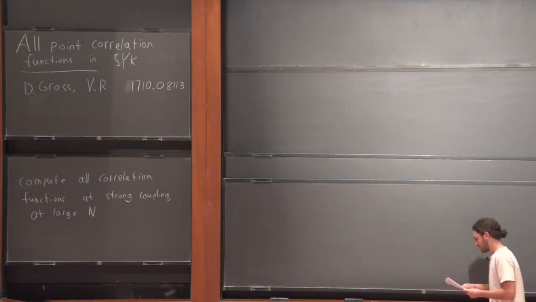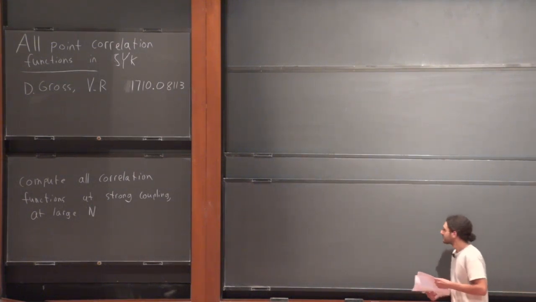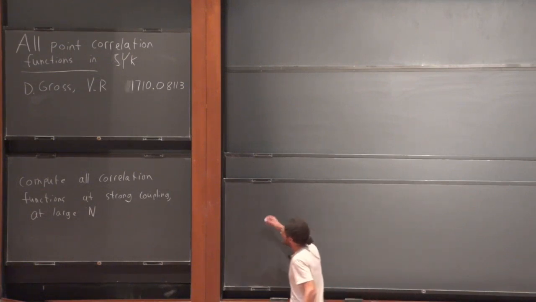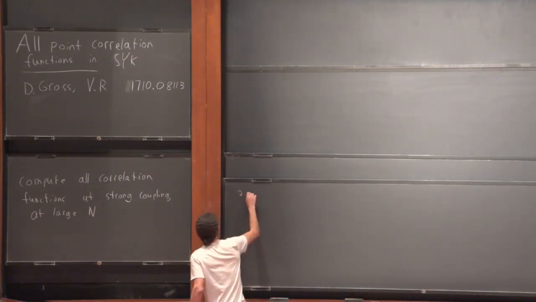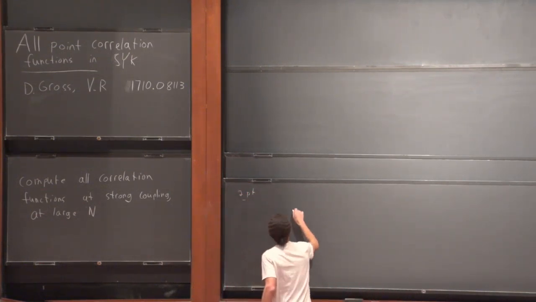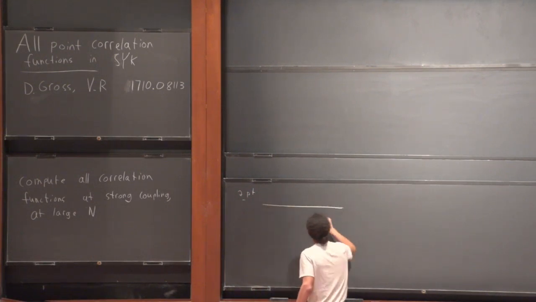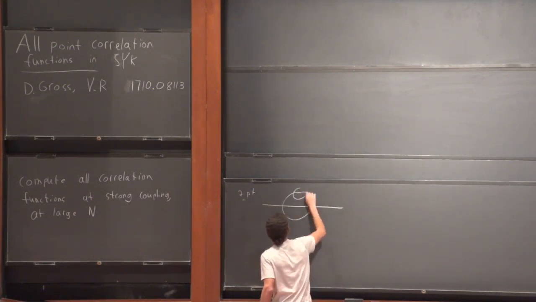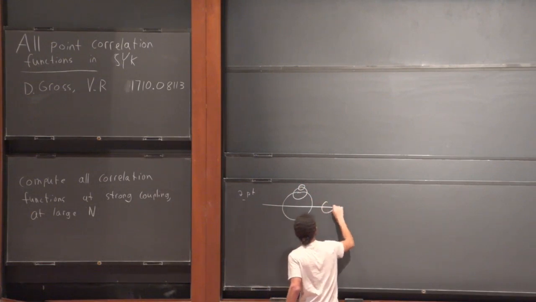So let me draw the diagrams, and then we'll sum them. So for the two-point function, as is already well known, we sum melons.